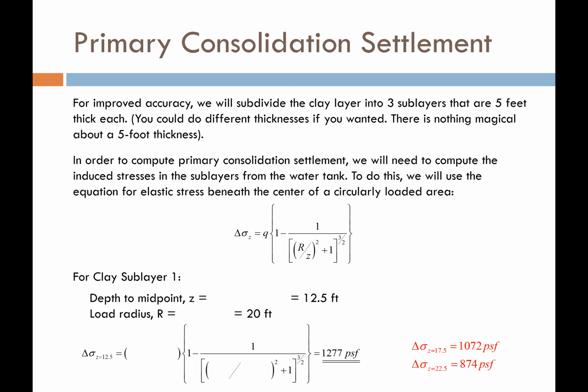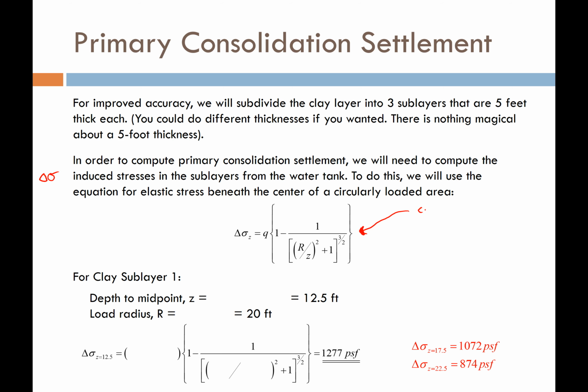Now, in order to compute the primary consolidation, we need to compute the induced stresses. That's our delta sigma. And remember, delta sigma is going to come from the induced stress beneath the circular load. So we're going to apply the Boussinesq solutions to estimate the induced stress beneath that circular load. Since we're right below the center of the load, we can use this equation that I gave you when we were talking about elastic induced stresses beneath different shaped loads.